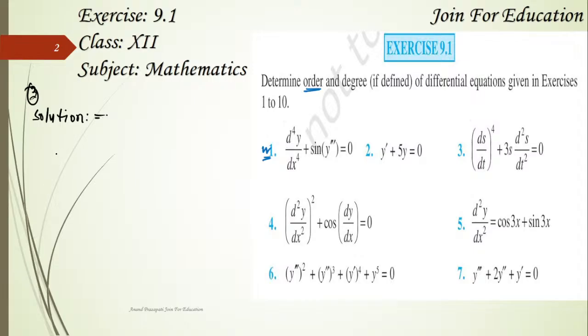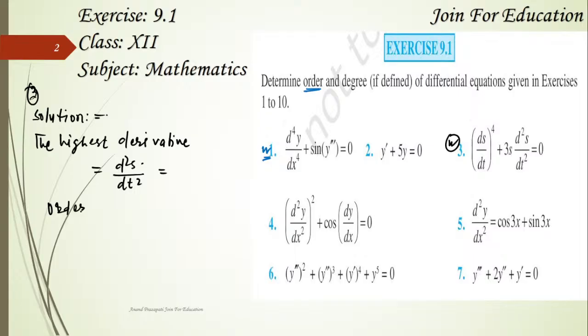The highest derivative of the given differential equation is d²x by dt². So the order here will be 2, and this is a polynomial in its derivative.